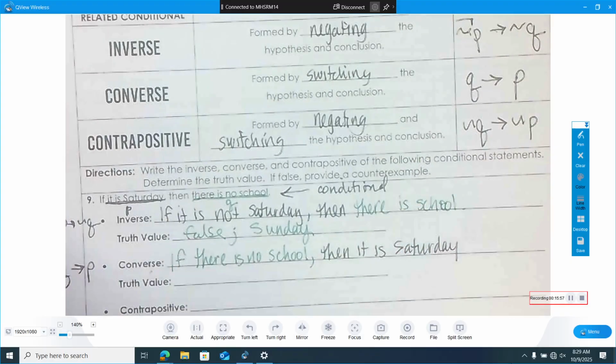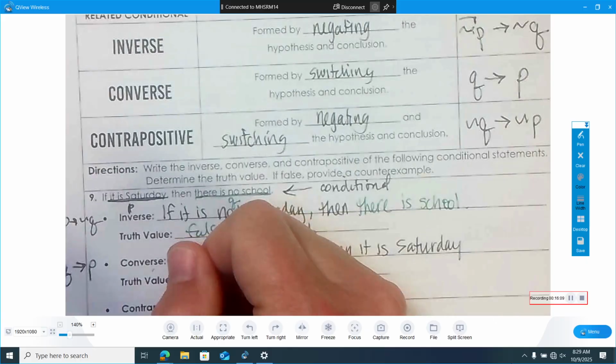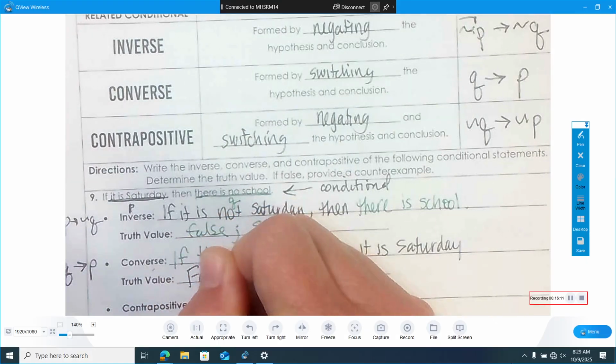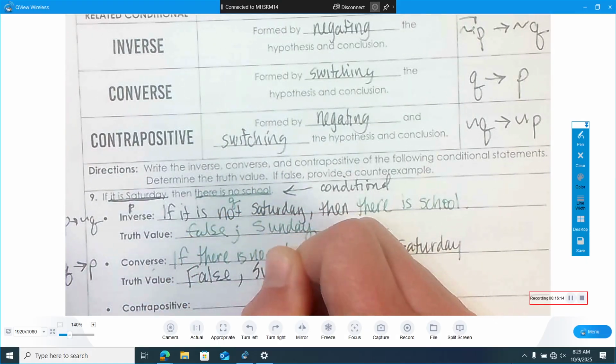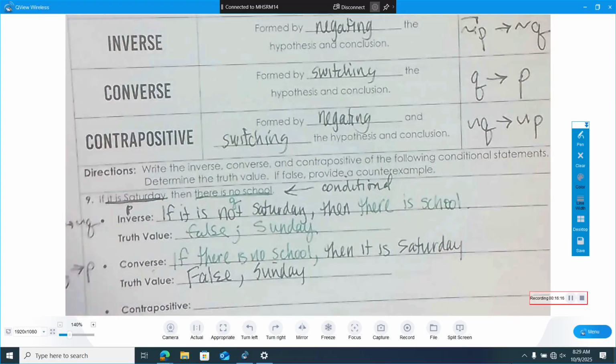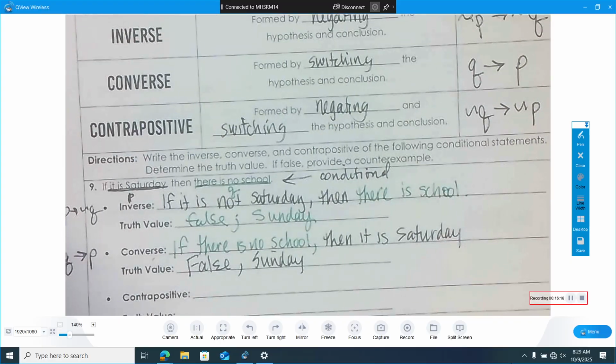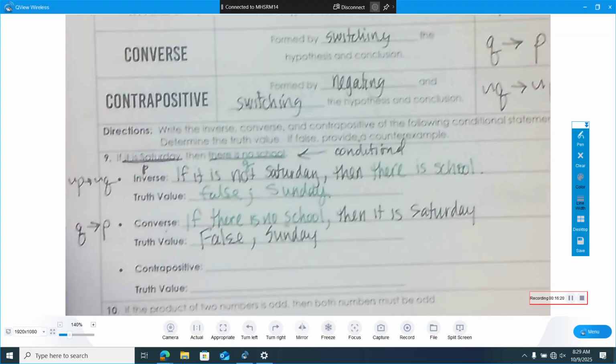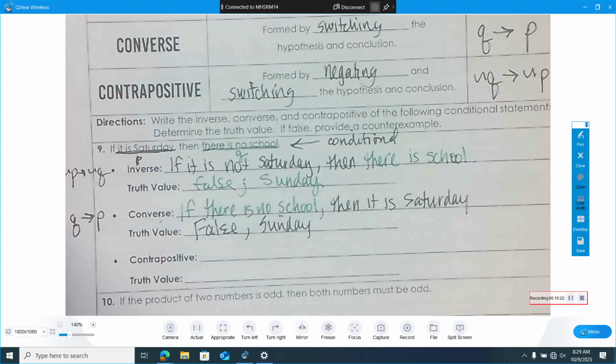Very good. So all we had to do was swap our P and our Q. Q first, then P. Truth value: if there is no school, then it is Saturday. True or false? False. Why? Sunday. Again, Sunday is a good counterexample. Oh, wait, what's the contrapositive?